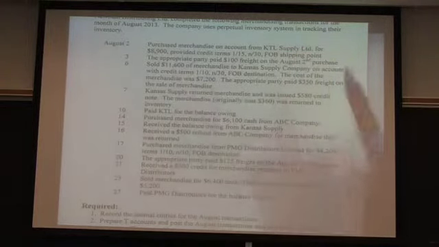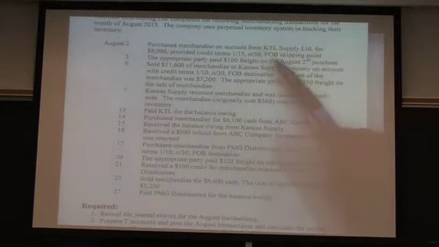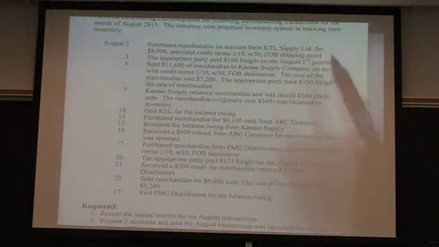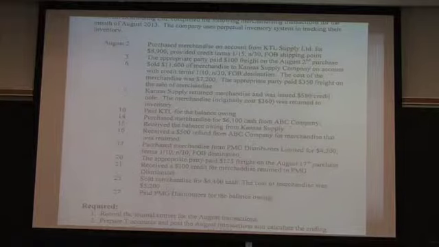And from the buyer's perspective, from Newman's perspective, it would mean that they are now responsible for the goods in transit because they own those goods at the time of picking them up from KTL. So it is Newman's responsibility to pay for shipping charges, and it should be part of their ending inventory.